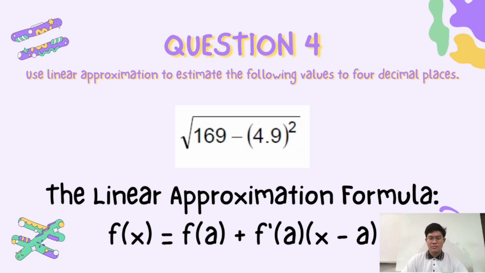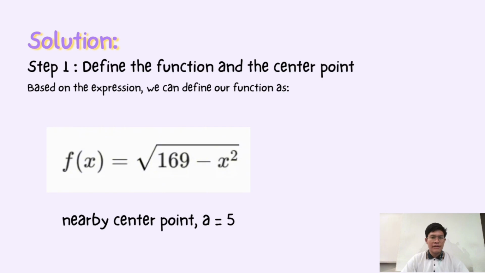Alright, so for the solution, for step 1, we need to define the function and the center point. Based on the expression that we have, we can define our function as f(x) equals square root of 169 minus x to the power of 2.